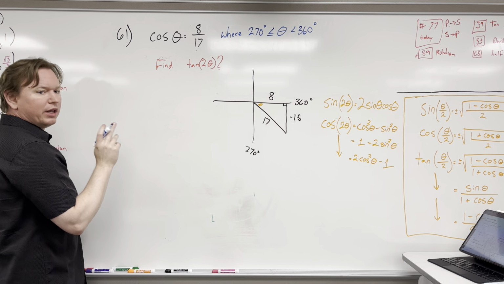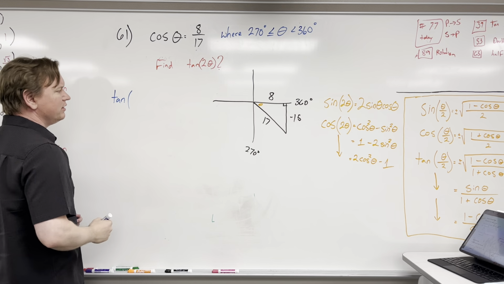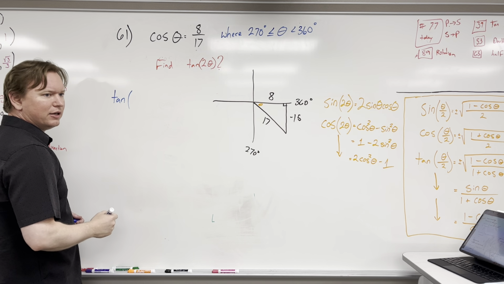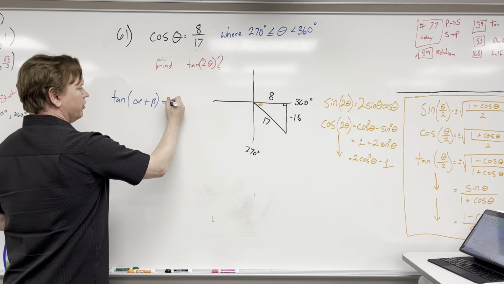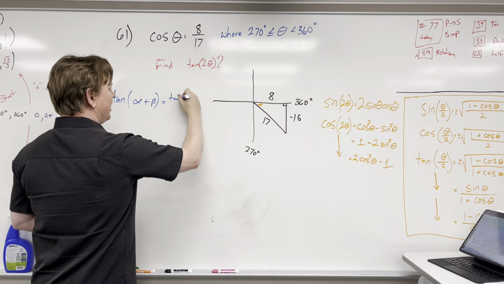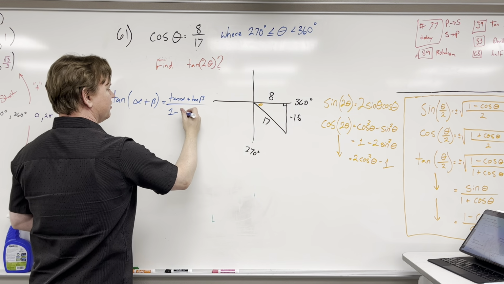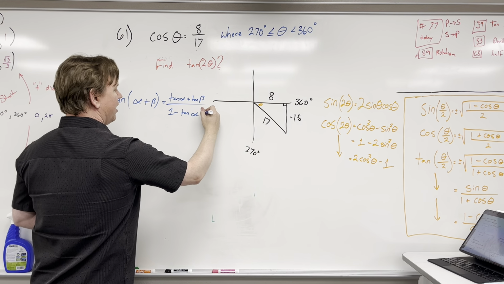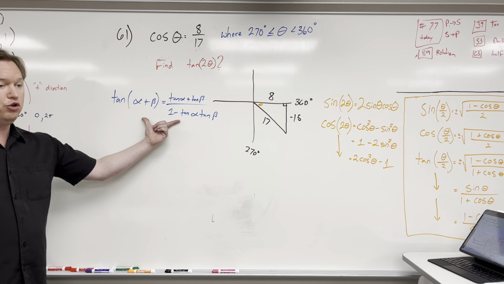You know the tangent sum identity, don't you? Tangent of an angle plus some angle is going to be some tangent plus some tangent, over 1 minus tangent times tangent. You know this, right?